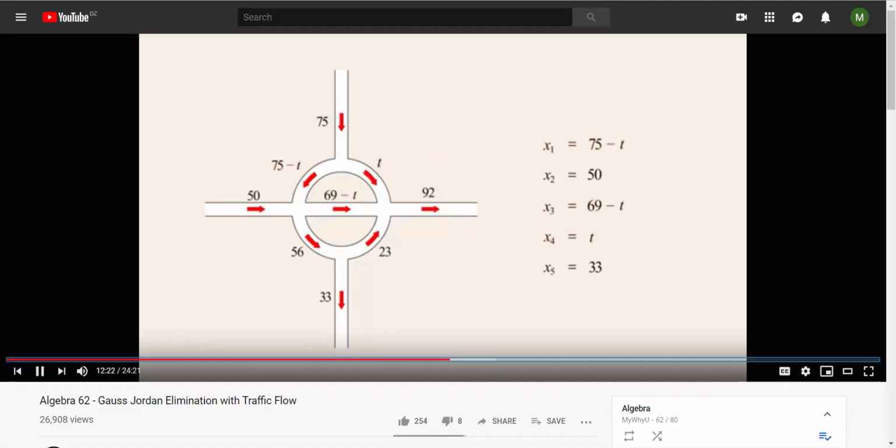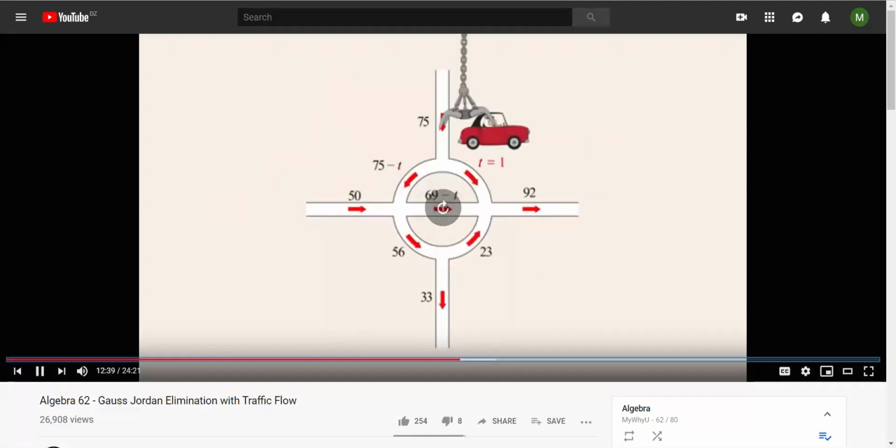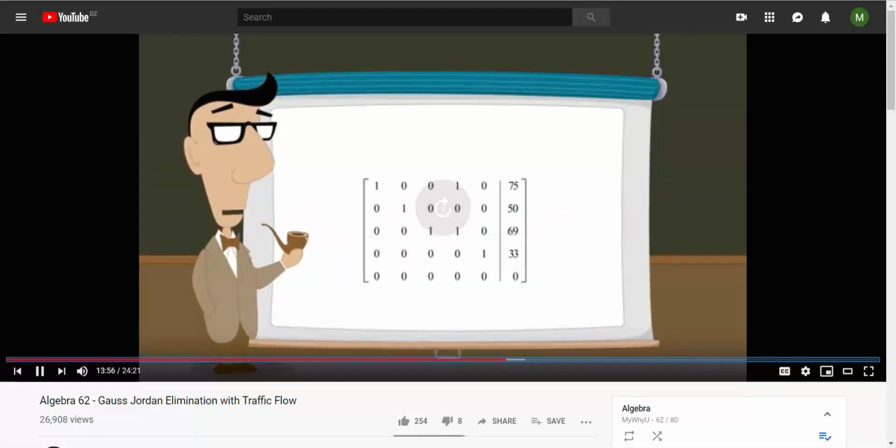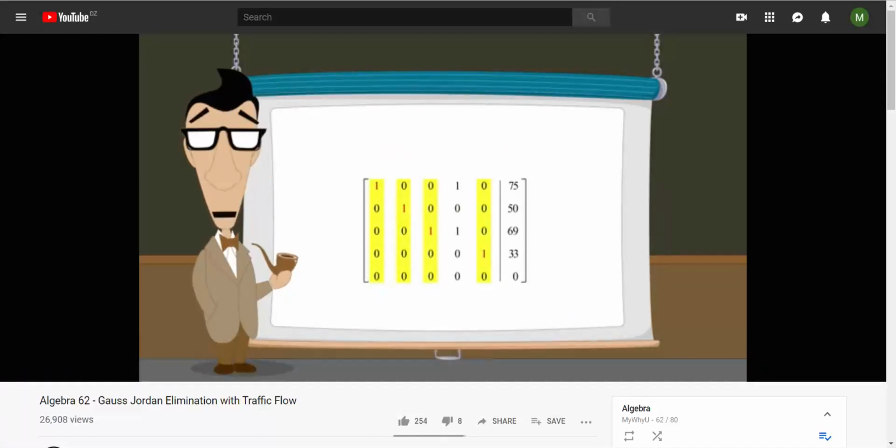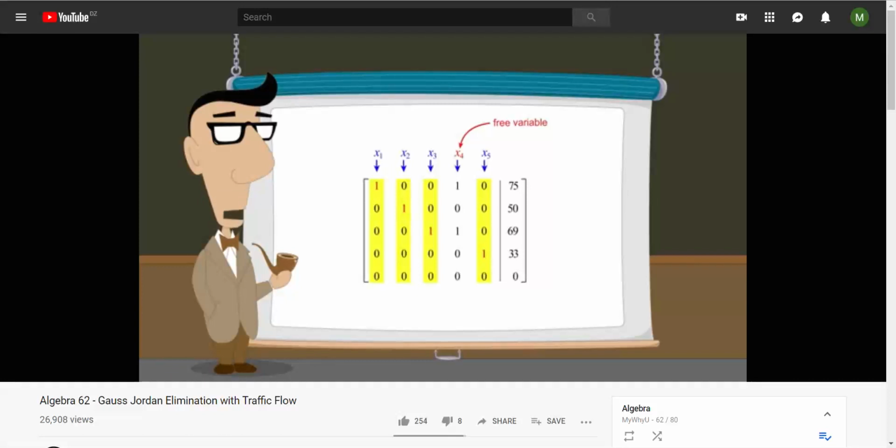In particular, x4 was a free variable, which could have many possible values.